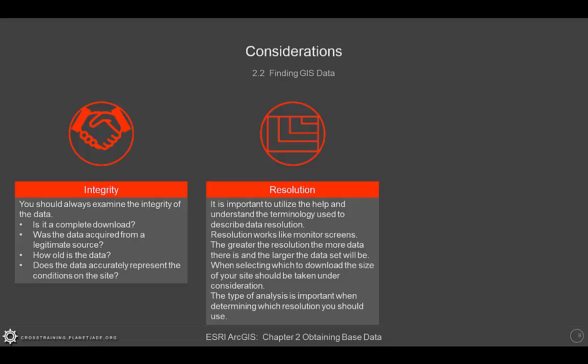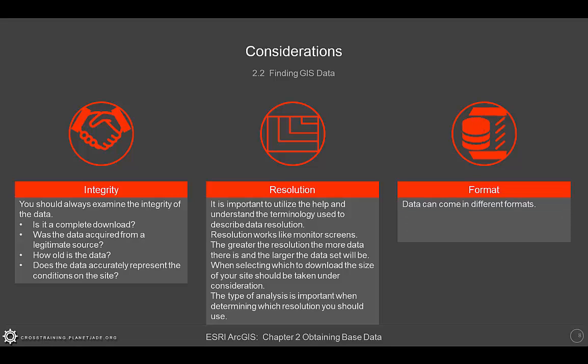The next major consideration is the format of your data. Data can come in a wide variety of formats. For example, elevation data can come in a wide range of formats, such as first return and bare earth. So again, it's going to be important to read the help information to understand exactly which format you plan to download.